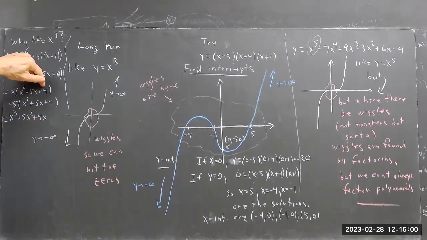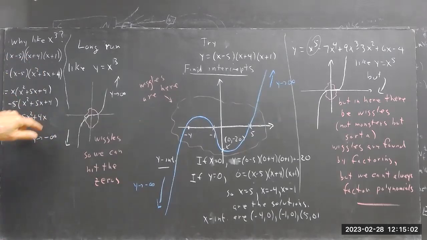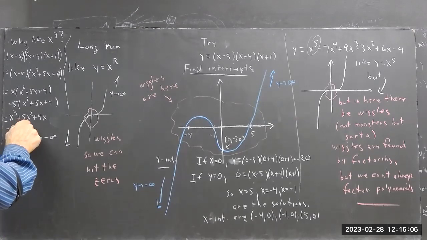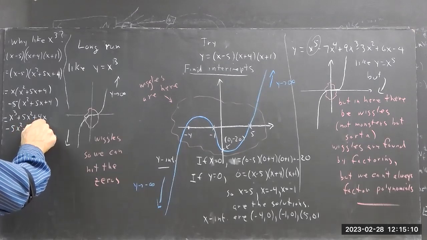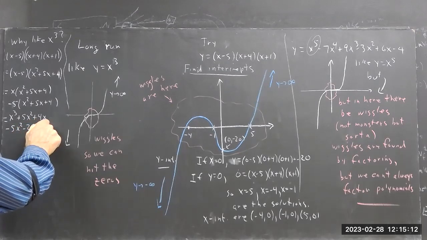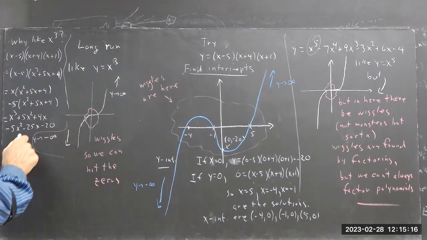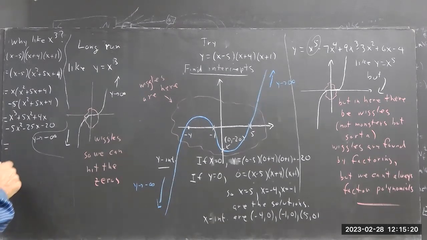Then multiplying x through here, I get x cubed plus 5x squared plus 4x, minus 5x squared minus 25x, minus 20. That equals x cubed.